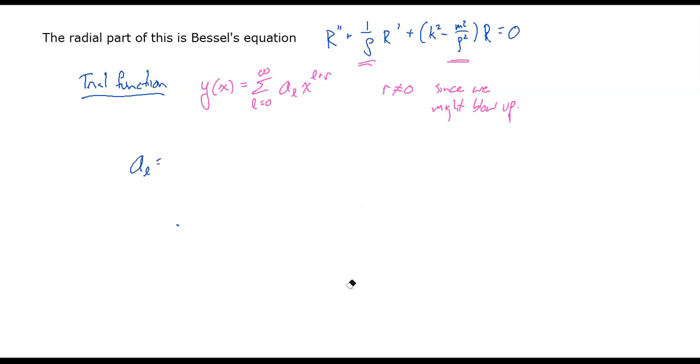Just write it the way that we wrote our other one. I'll just call it N, whatever.